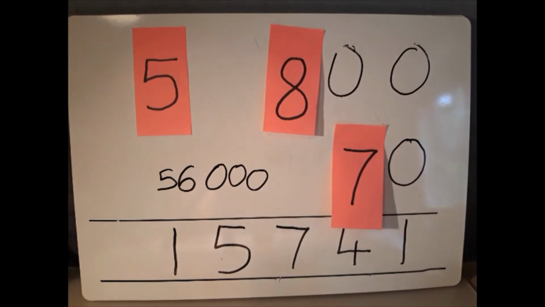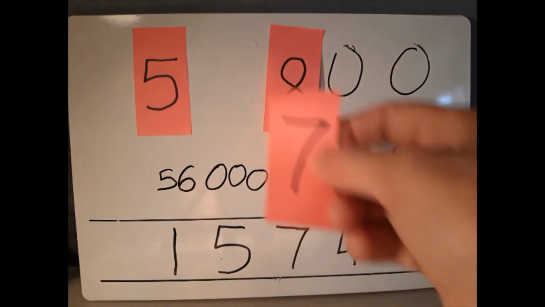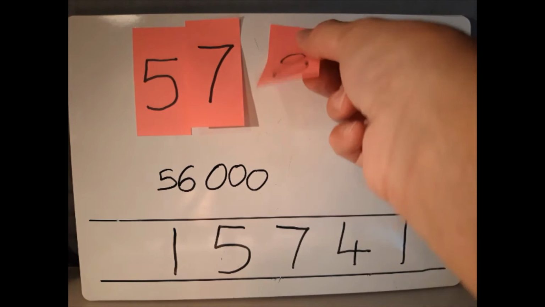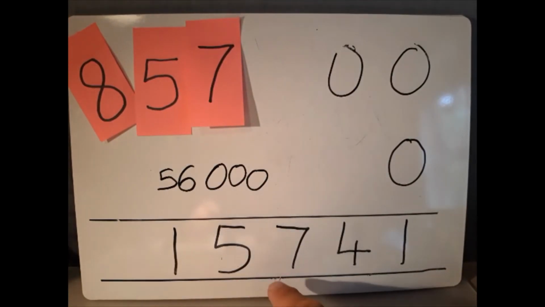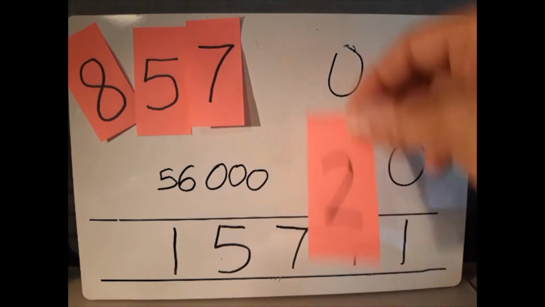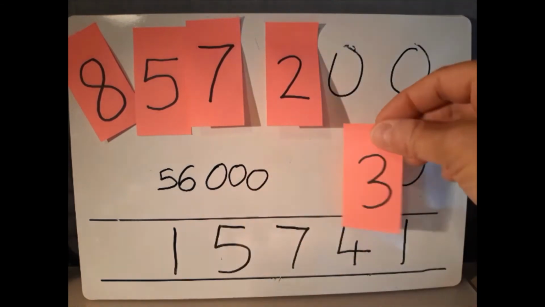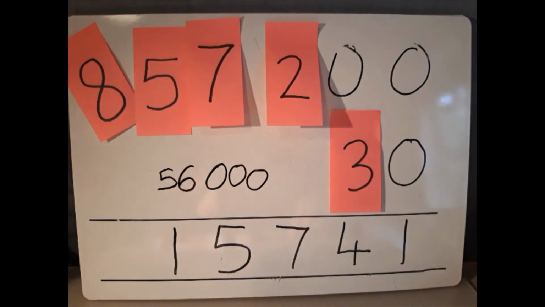What we're looking for is to get a number that is close to 15,741, but not more than it. Because we were miles away, I'm now going to have a look and see what about if I try the two smallest numbers?